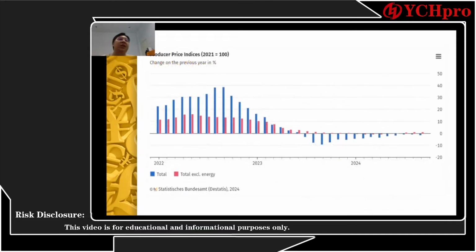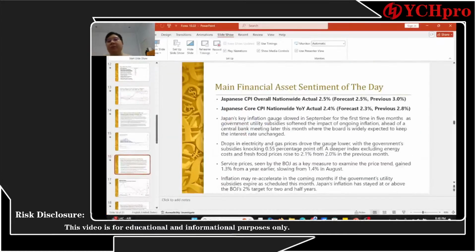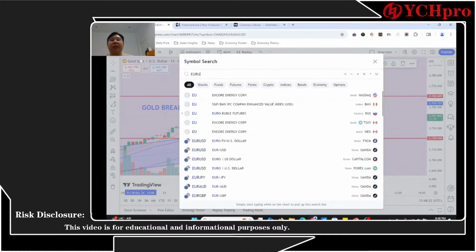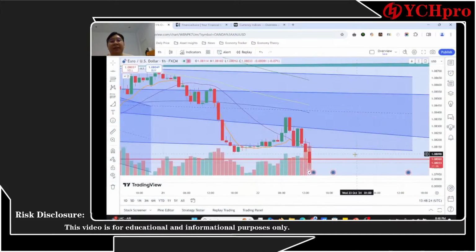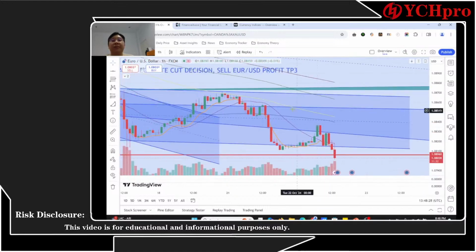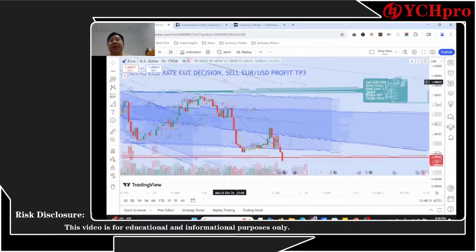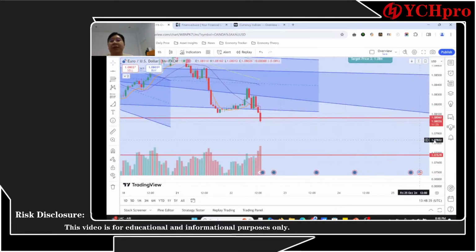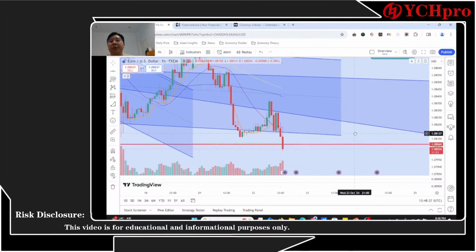So this is the chart, so you guys can have a clearer idea of what the producer price index looks like. Okay, so what has been happening since then? If you guys open up the Euro USD, it has been a very clear trend. It's been going lower and lower, and we actually made this trade on this ECB rate cut. And definitely, you guys who are interested in trading Euro USD should be selling Euro USD right now.